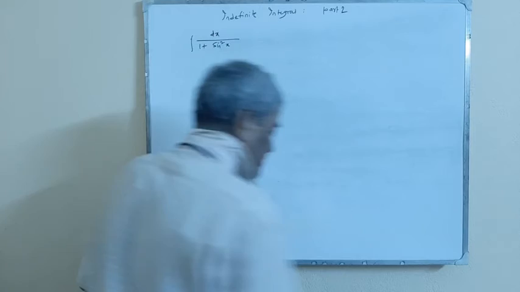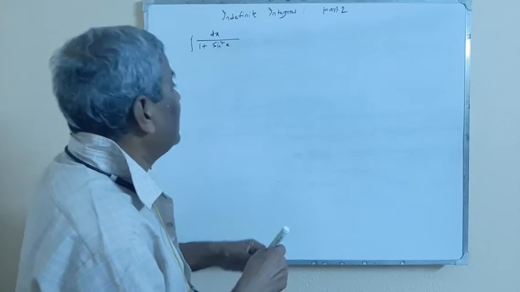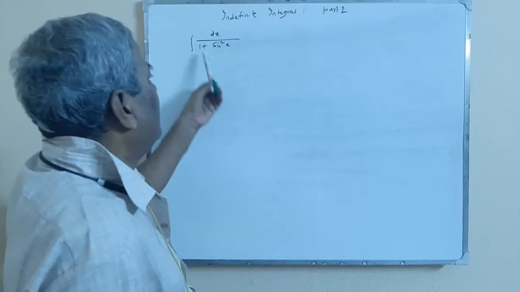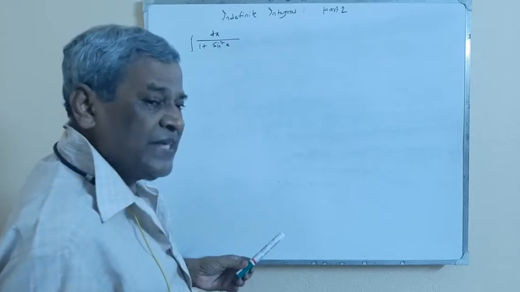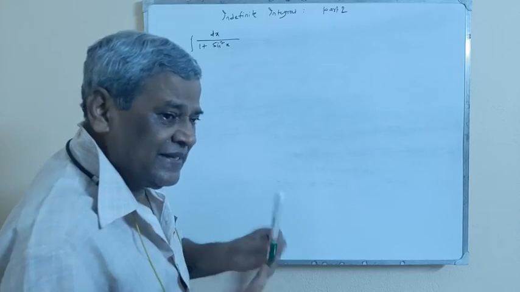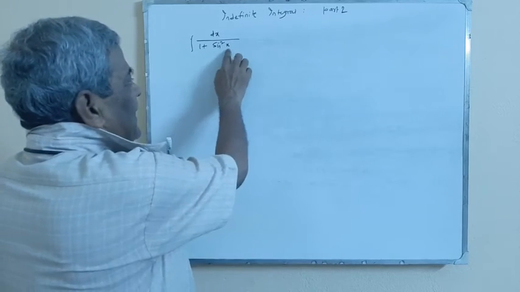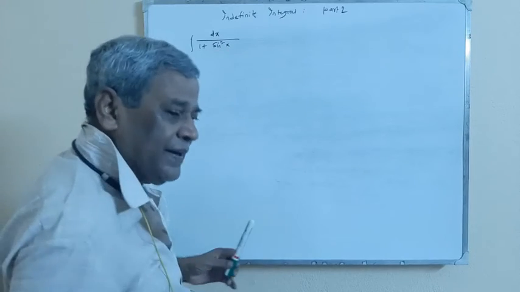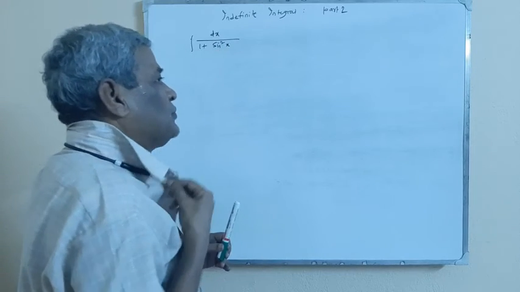It is of the type where the denominator is second degree homogeneous in sin x and cos x. Actually, this is second degree, and 1 can be written as sin square x plus cos square x.